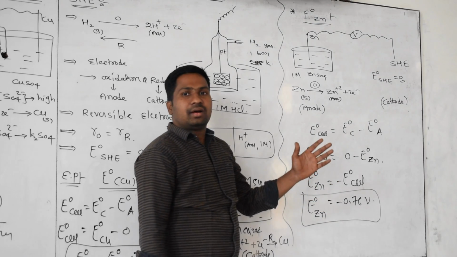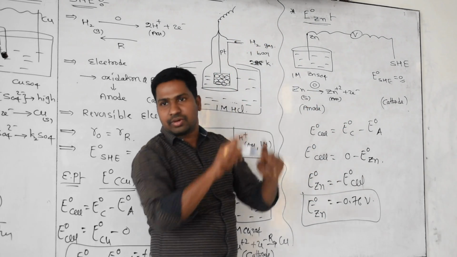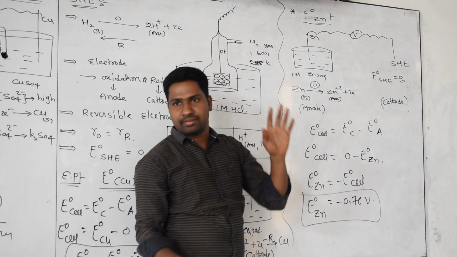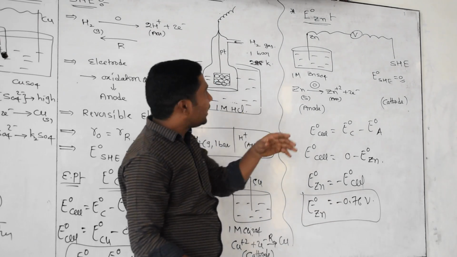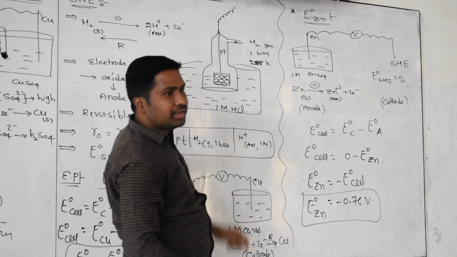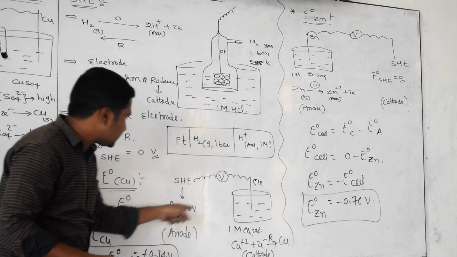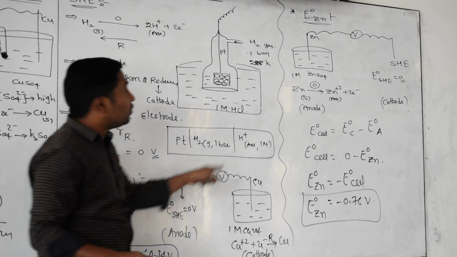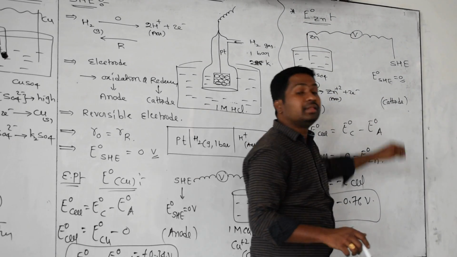Like that, standard values of different metals are given in a tabular column in your textbook. I will explain the most important ones, and if you have interest in the remaining, go through them. I told you SHE has a dual nature: when it is connected with copper, it acts as an anode, and when it is connected with zinc, it acts as a cathode.